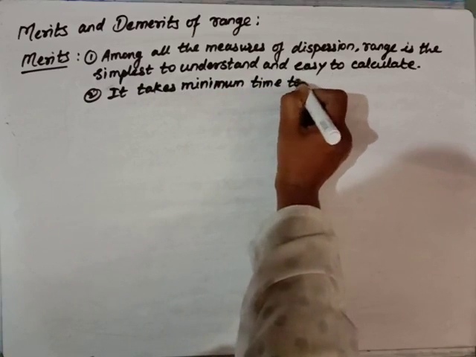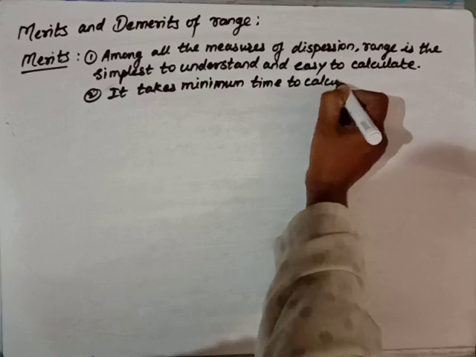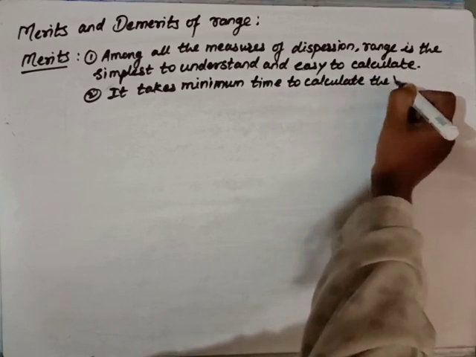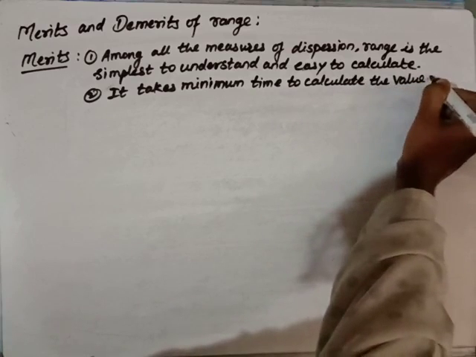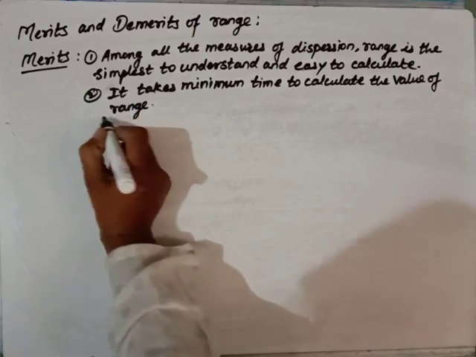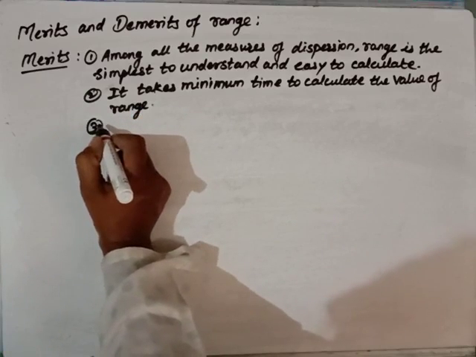To calculate the value of what? Range. It takes the minimum time to calculate the value of range.